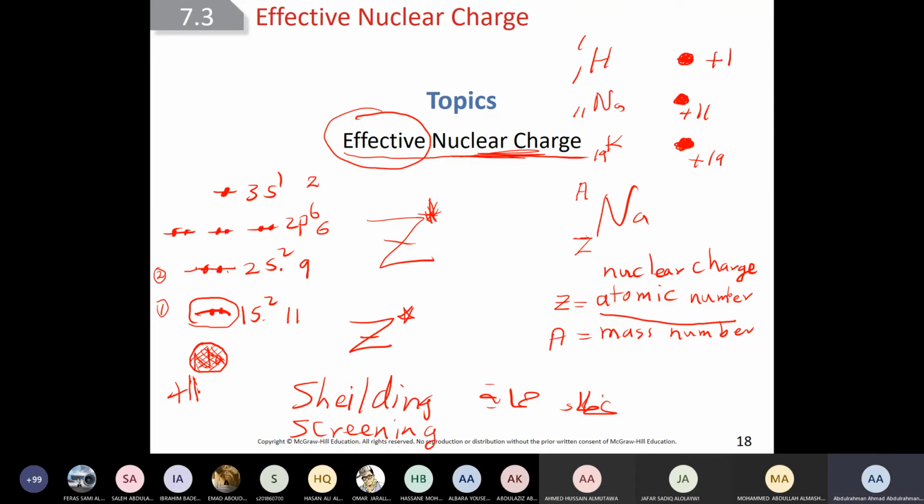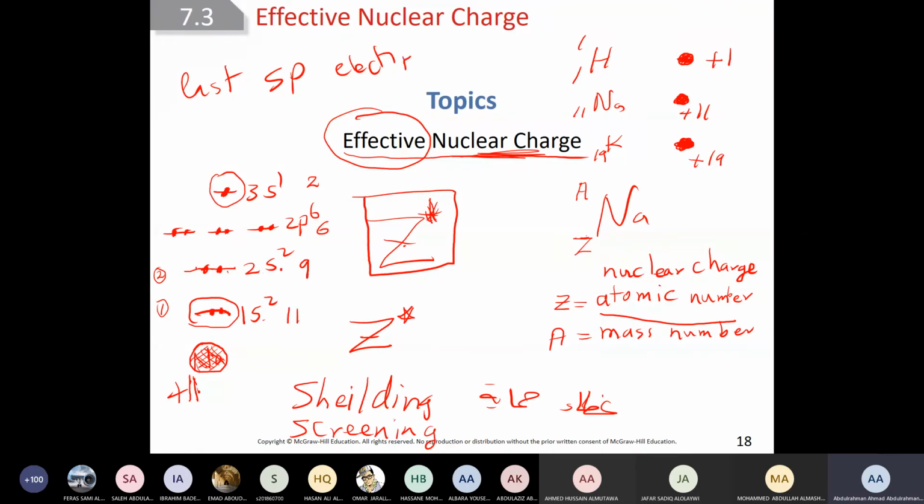Is this clear? This is called Z effective. So define what's Z effective. The effect of Z in the last sp electrons.